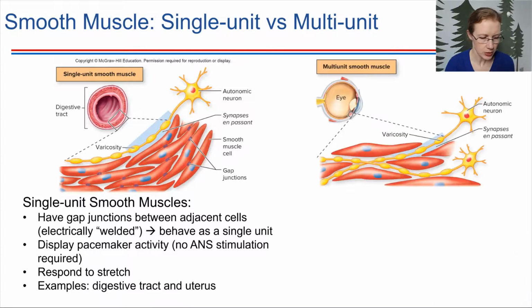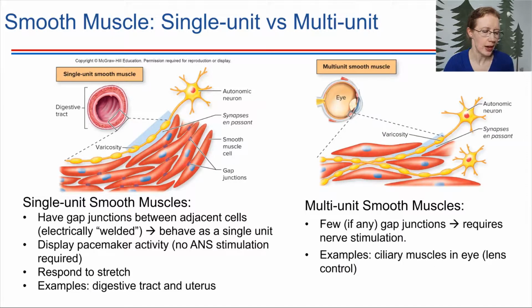The other type, multi-unit, these are smooth muscles that act more independently, more individually. They do not have the gap junctions between, and so instead they have to pretty much individually be activated by a nerve. This requires nerve stimulation in order to get these to contract. Where is this located?